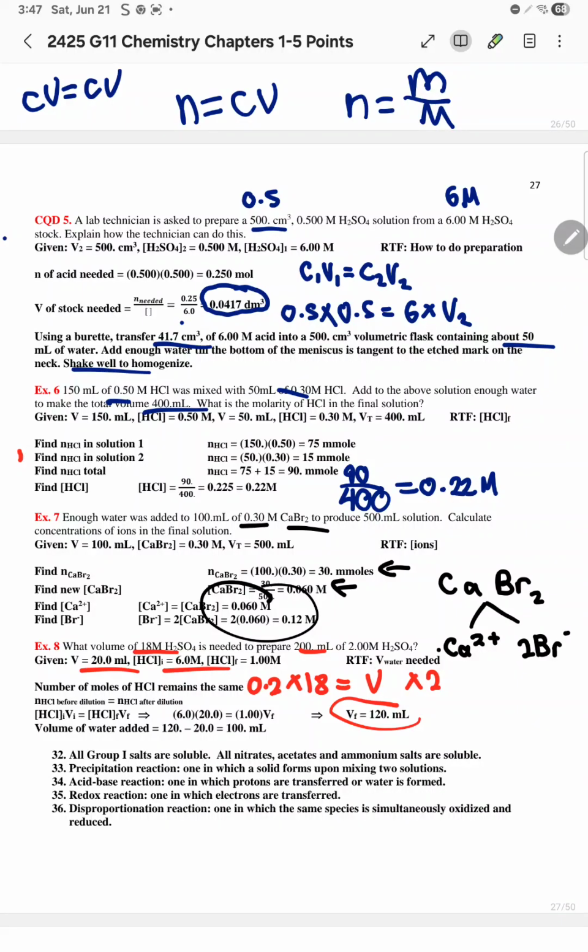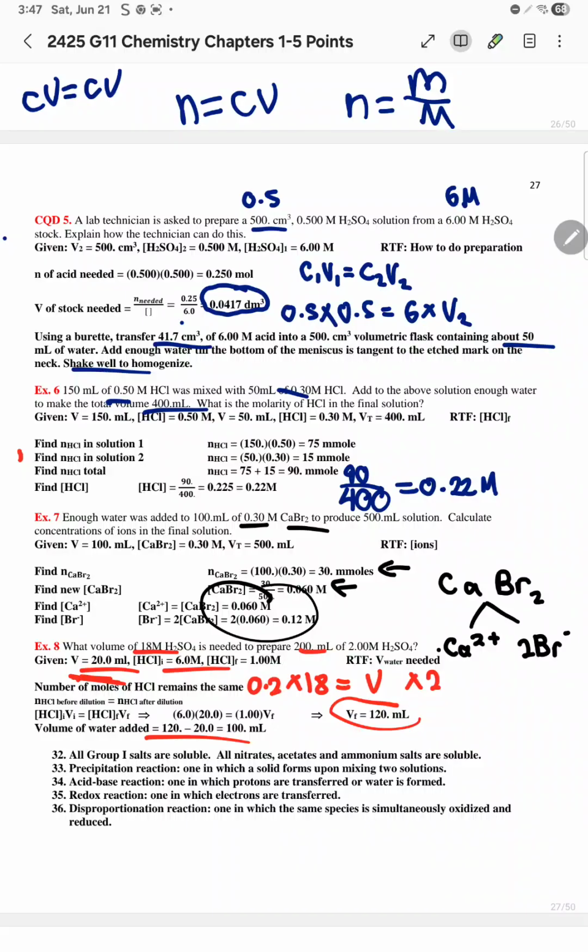So 0.36 divided by 2, so 0.18, which is 180 milliliters. And then you're supposed to just subtract how much volume you have, which here they put as 20 instead of... The entire question is wrong, guys. So none of the given numbers they actually used, so I was very confused.